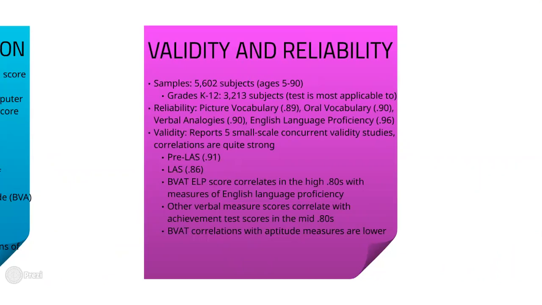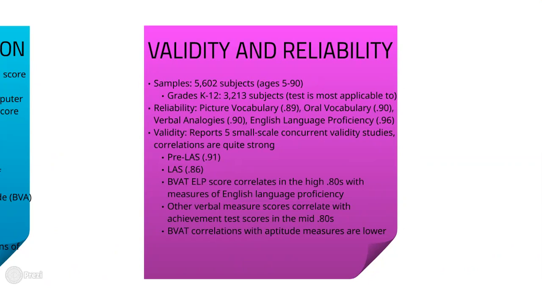For validity, the test reports 5 small-scale concurrent validity studies, and the correlations are quite strong. For the Pre-LAS, which is the Language Assessment Scales, the correlation was 0.91 with kindergartners, and for the LAS, that was with second graders, with a correlation of 0.86.